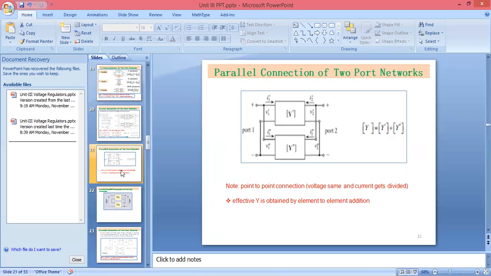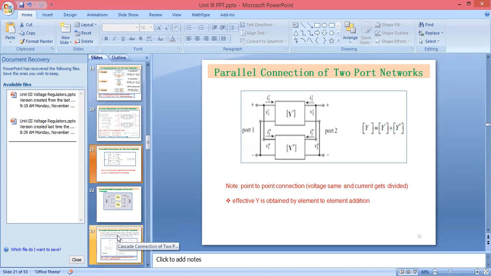And we know admittance is the reciprocal of the impedance. So when we are making the interconnections, at that time voltage will be the same and current gets divided. So here we can calculate the equations in the form of Y, because we know Y parameters are compatible for the parallel interconnection.